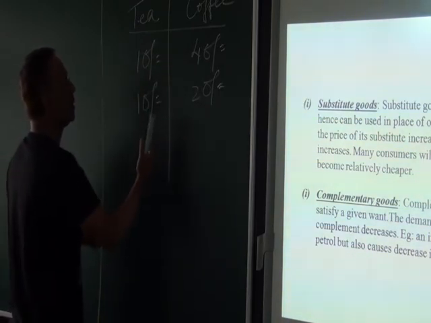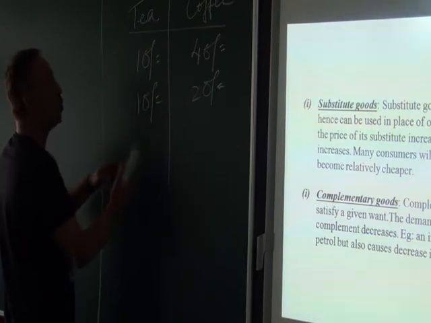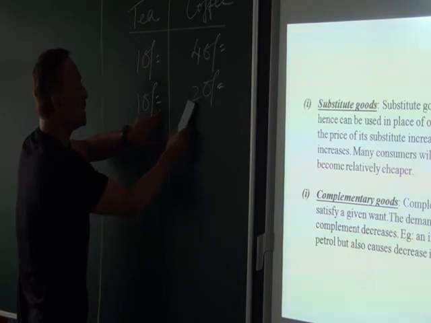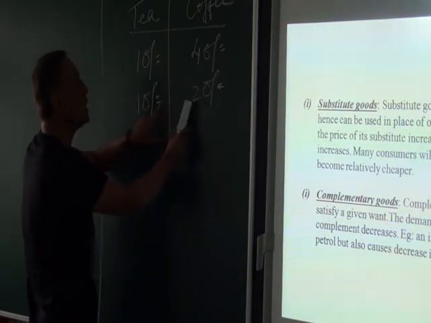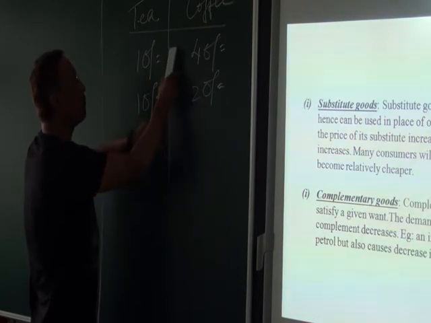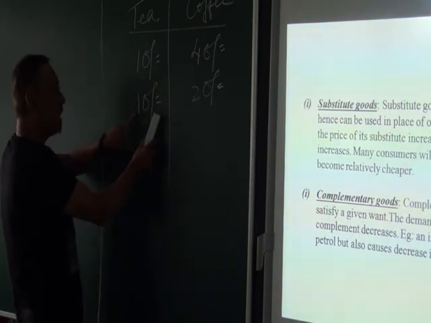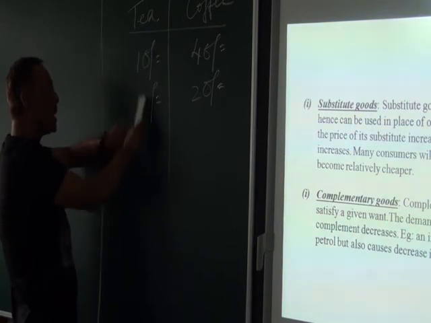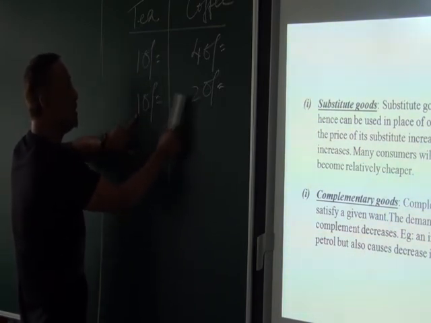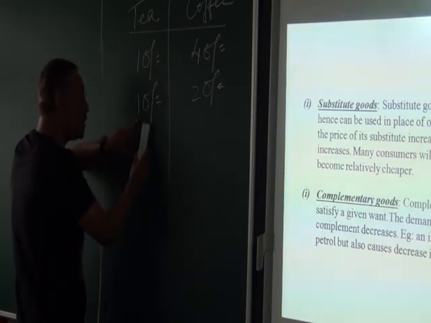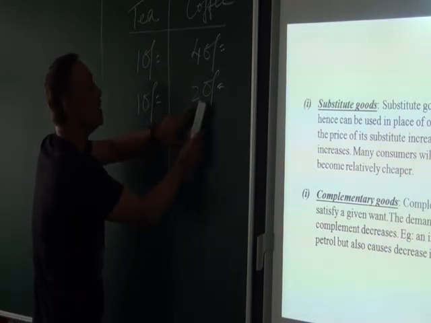How is it cheaper? Tea is not cheaper. Compared to before, the gap is less. That means we say that now coffee is relatively cheaper than before. If coffee is relatively cheaper, that means tea is relatively costlier. Though the price of tea is the same, since there isn't much difference between tea and coffee, we say that tea is relatively costlier, whereas coffee is relatively cheaper.